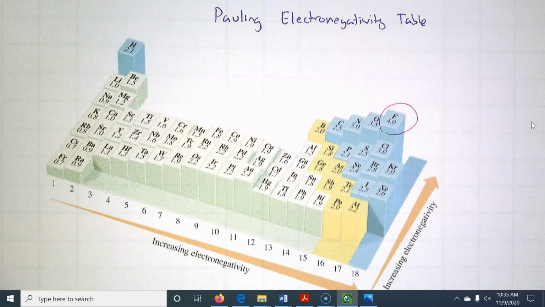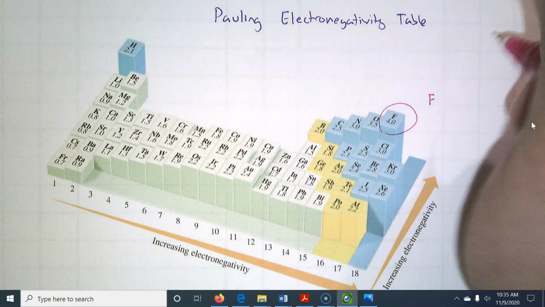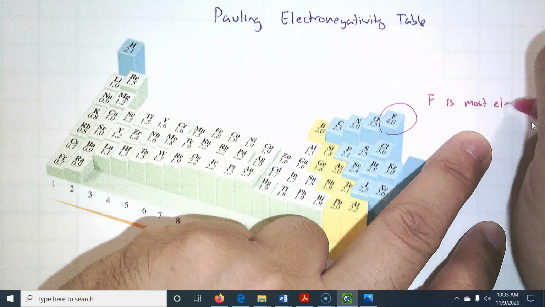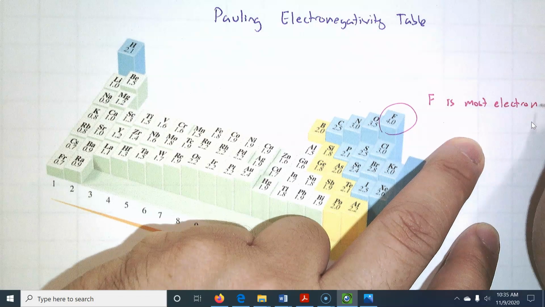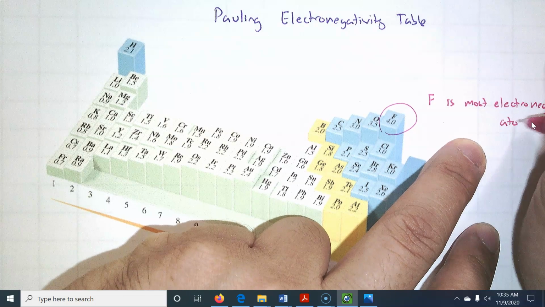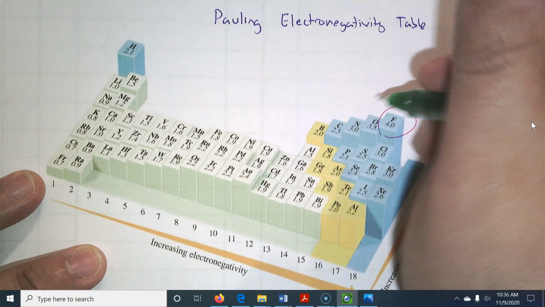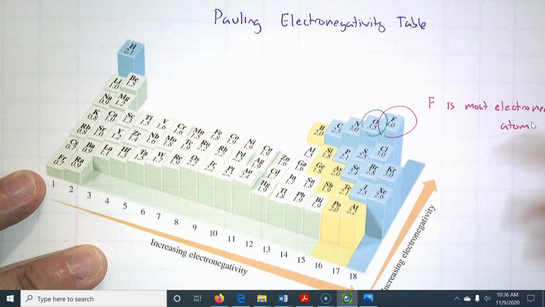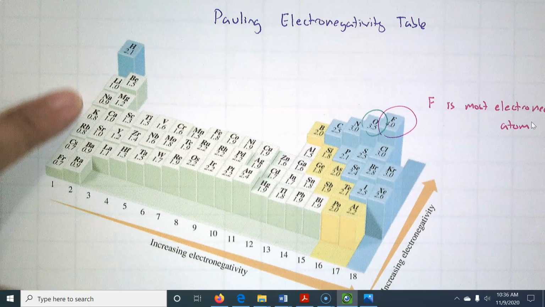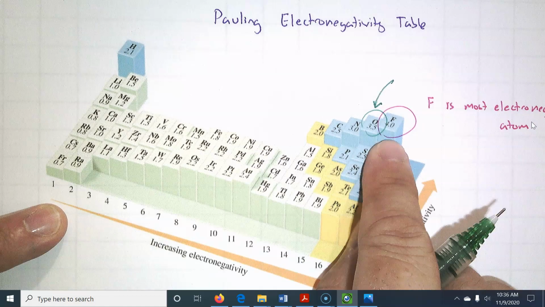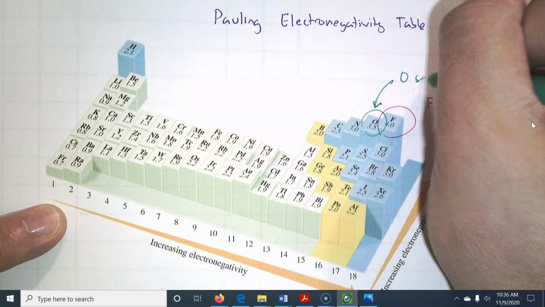In your notes, I would put here fluorine is the most electronegative atom. And I would say oxygen, 3.5, is the second most. Do we have any other 3.5s anywhere? I don't think so. So fluorine is 4.0, oxygen is second most.